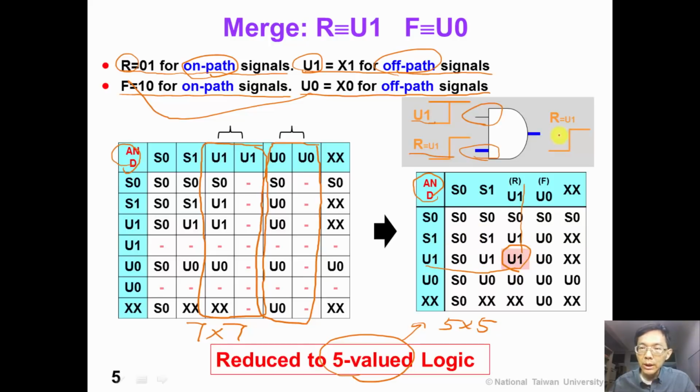Then the output is U1, which is also a rising transition. So we can see that the 5-value logic is sufficient for us for robust test pattern generation. This is very good news. We have reduced the 9-value logic all the way to only 5-value logic.